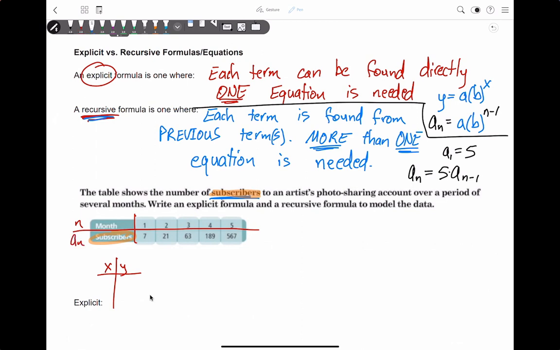You can view this almost like an input and this like an output, but we're moving to a deeper understanding with exponential functions, where the input is the term number and the output is the term's value.